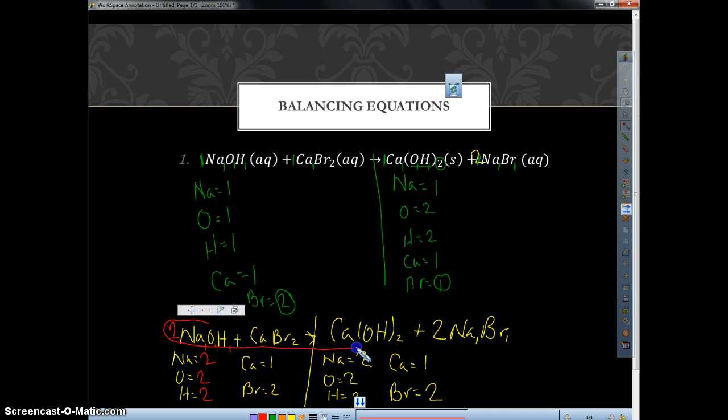So the final equation will keep those coefficients in, and this is perfectly balanced. So this gives us an idea or shows us what we need to do as far as putting in how many reactants and what kind of products we get out. So conservation of mass is preserved here because everything is equal on both sides.